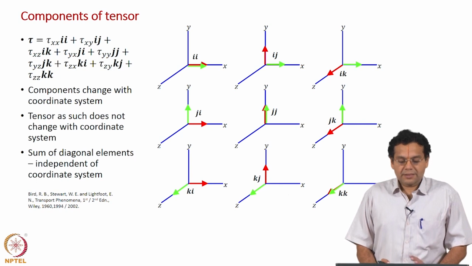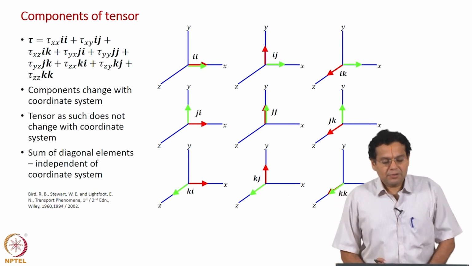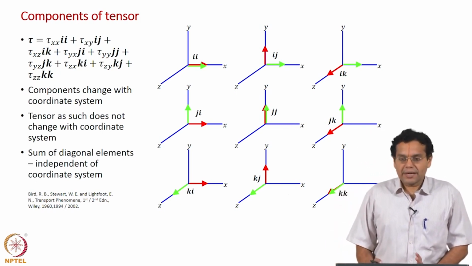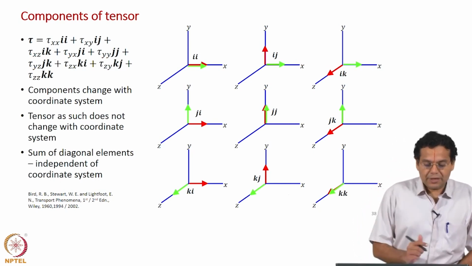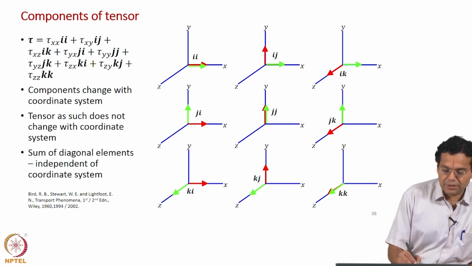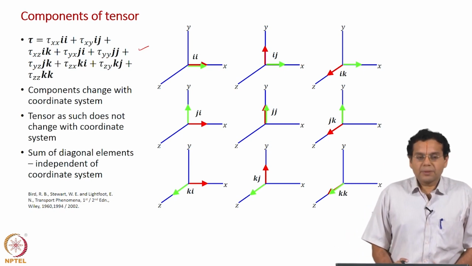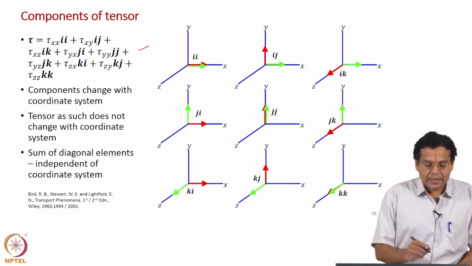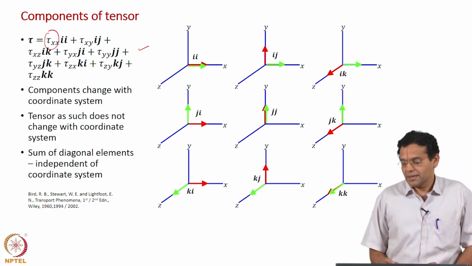Tensors represent physical variables which have a magnitude and two directions. Vectors are for physical variables with a magnitude and one direction. Now, we represent a tensor in terms of its components using this equation, and there are 9 components in a tensor, and each component is associated with a pair of directions, and that is what these diagrams tell you.